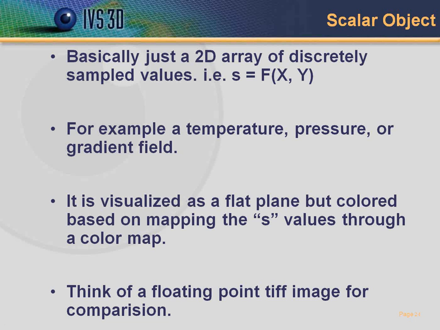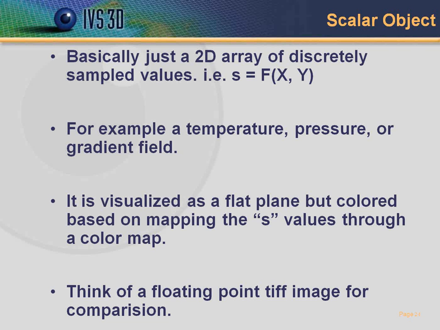Because it's brought into a 3D system, you have, say, temperature, but you want to bring it into the system where you have some other data that's surfaces that are based on height. Where do you put that scalar surface? And that's why it's visualized as a flat plane. The color of the surface is derived from the data stored, but you can set it at a particular height in the scene, and I will show that.